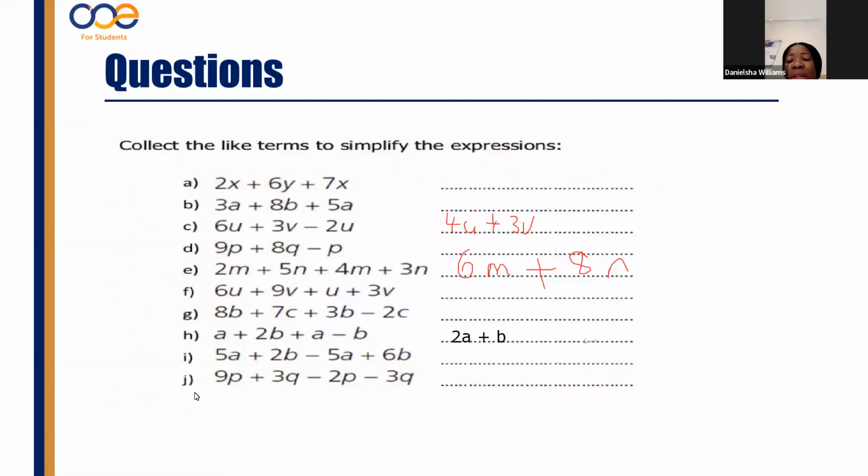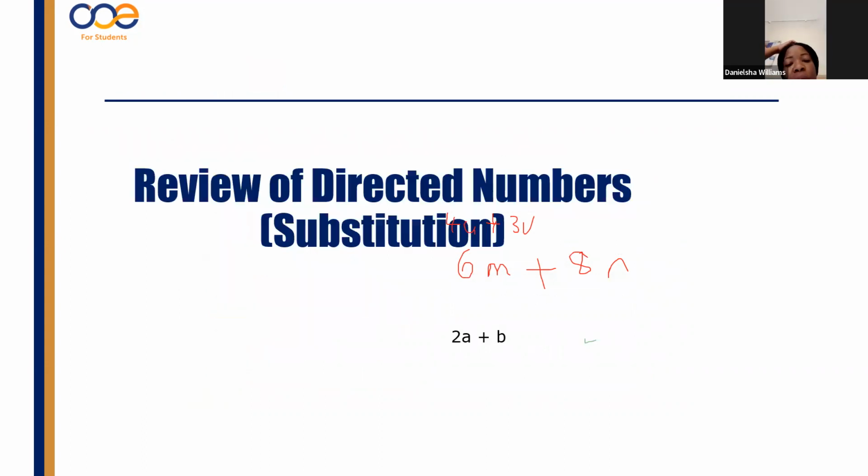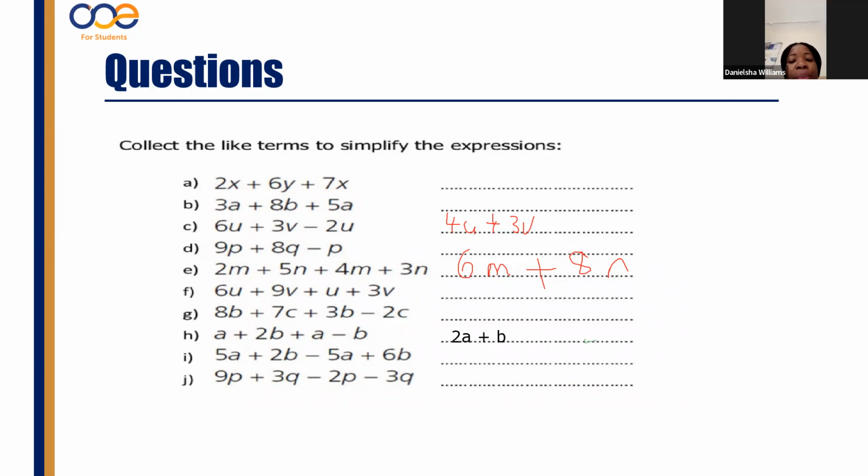Now, as I said before, this is just a revision of the basics because you would have done addition and subtraction of algebraic expressions from grade 7 and 8. And this is just keeping it simple. Once we get into multiplication and division, that's where we will need some knowledge of laws of indices. And before we move on, when we're looking at grouping, we must pay attention to our signs that are to the left of each of our terms.